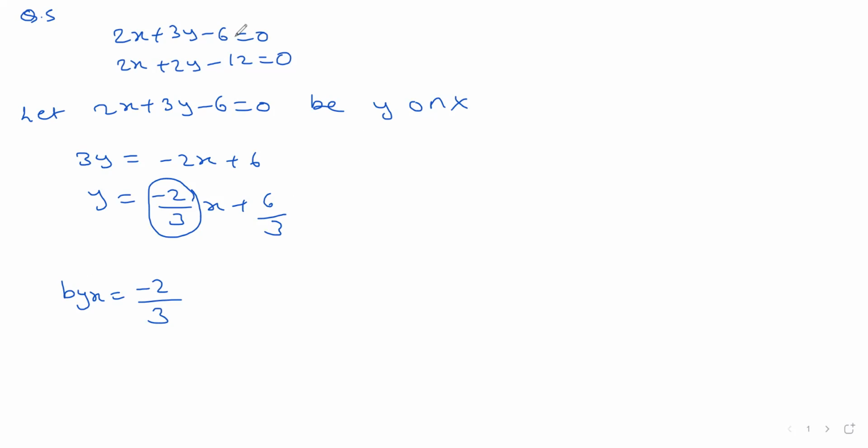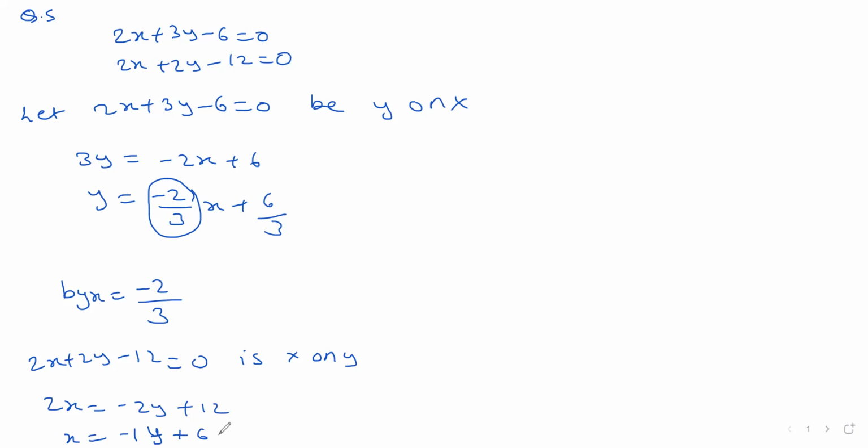So if this is y on x, then the other equation 2x plus 2y minus 12 is equal to 0 is x on y. So 2x is equal to minus 2y plus 12. X is equal to minus 1 y plus 6. So this is bxy.